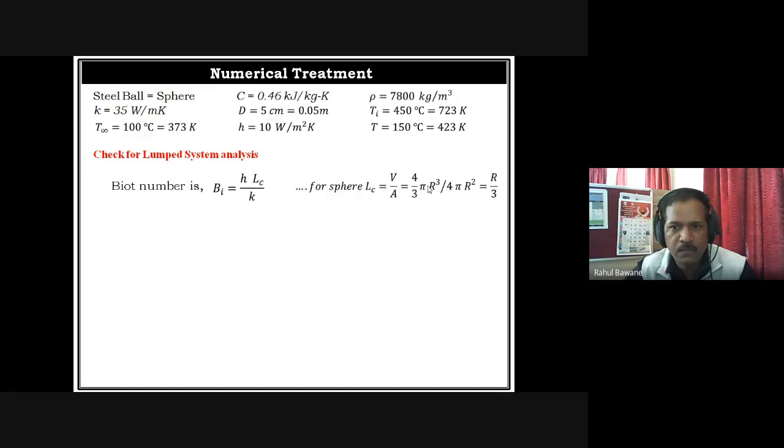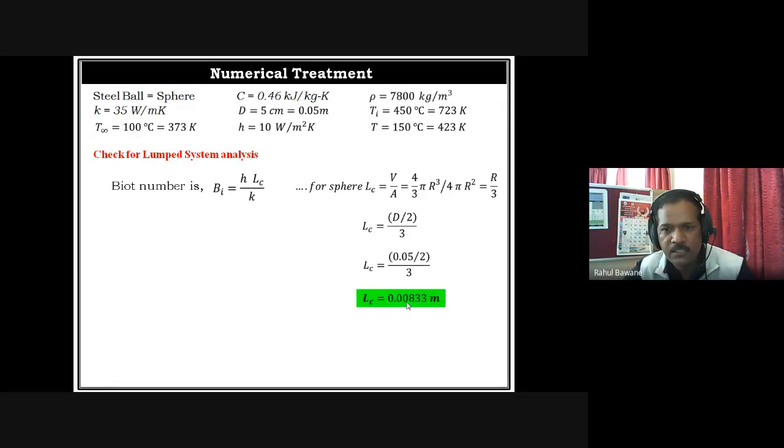Volume is 4 by 3 pi r cube and surface area is 4 pi r square. After simplifying, we get volume upon surface area is r upon 3, and we know the diameter, 5 centimeters. So accordingly, r will be d by 2 upon 3. D is known, so characteristic length will be 0.00833 meter.